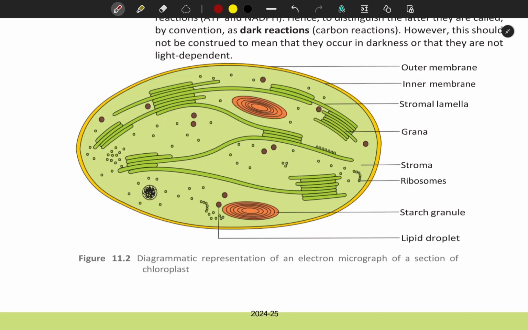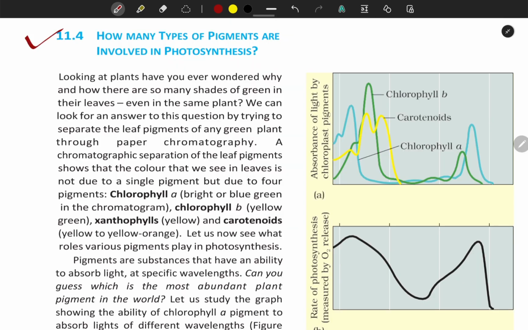Figure 11.2 shows the diagrammatic representation of an electron micrograph of a section of chloroplast. 11.4 How many types of pigments are involved in photosynthesis? Looking at plants, have you ever wondered why and how there are so many shades of green in their leaves, even in the same plant? We can look for an answer to this question by trying to separate the leaf pigments of any green plant through paper chromatography.